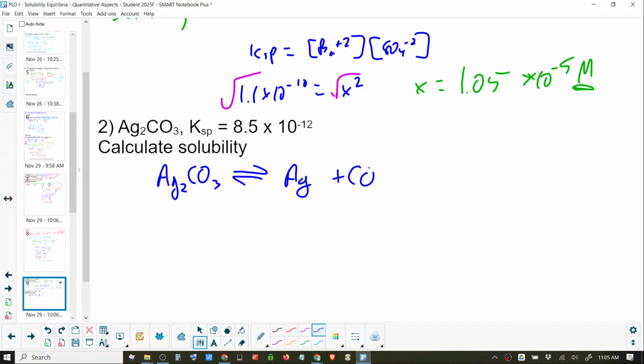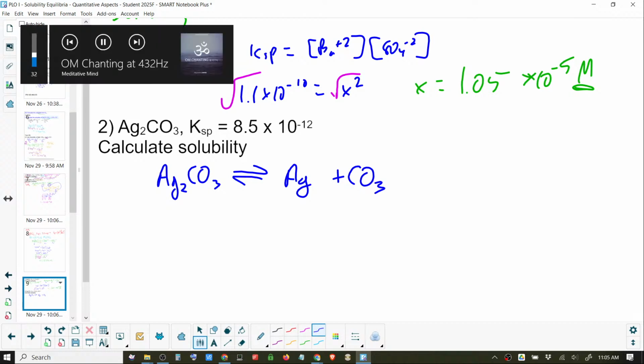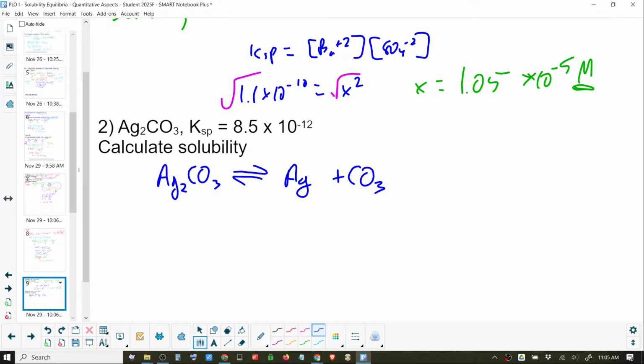Plus CO3, charges on them, and how many? Minus 2. And then how many of each? There you go. So we got the 2 there.